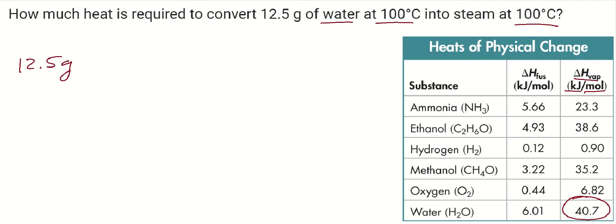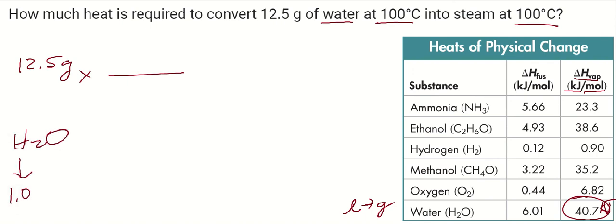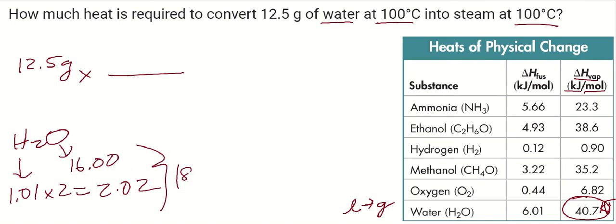That's how much energy is required to turn liquid water to steam: 1 mole of it requires 40.7 kilojoules. But that's in moles, so we need to convert grams to moles for water. The molar mass of water is 1.01 times 2 is 2.02, and then oxygen is 16.00. You add them up, 18.02 grams per mole. That's right off your periodic table.